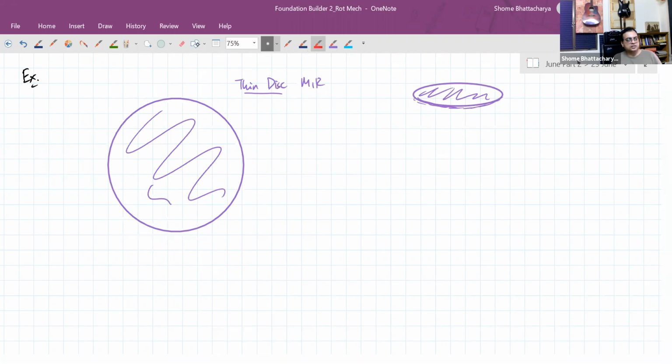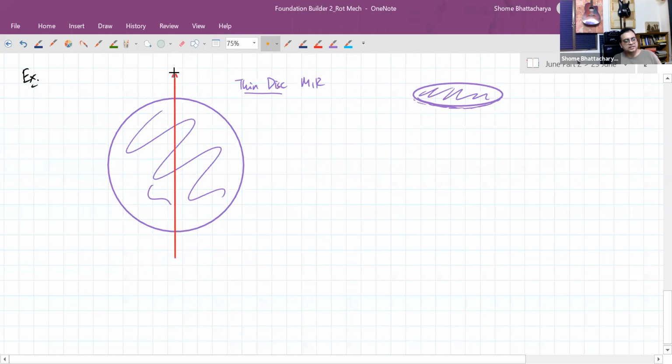So once again, let's say that its center is at the origin and it's lying in the xy plane. In this diagram, the z-axis will be the symmetry axis, cutting it like this. This will be the z-axis, and these are the x and y axes, let's say.